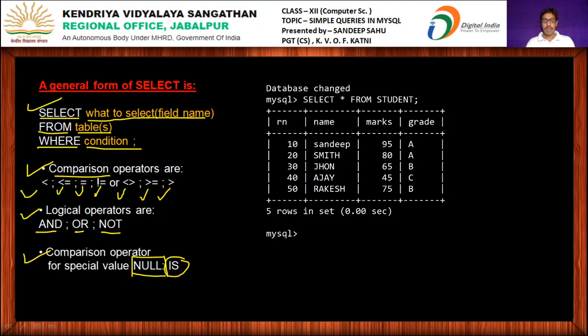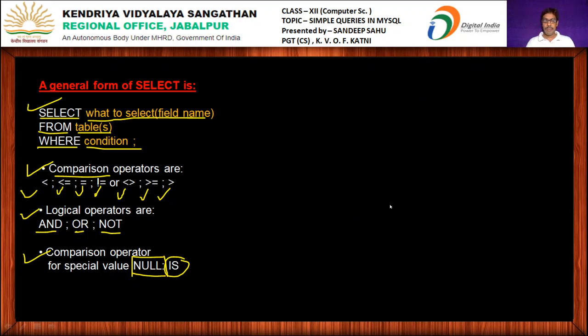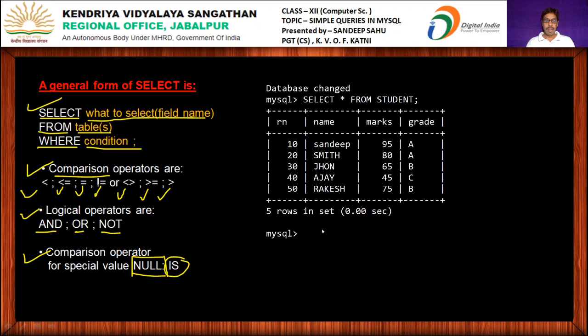As you are seeing this table, suppose I want to display all the records with grade A. Then what should I write here?